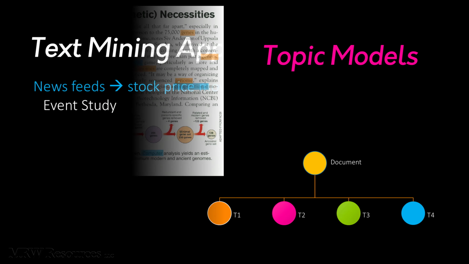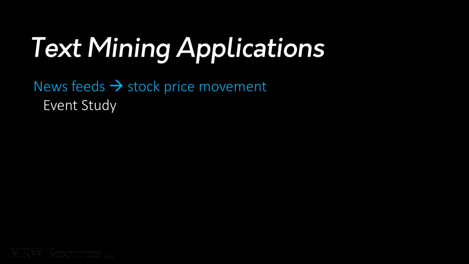So what are some applications for text mining? Well, if we look at news feeds and compare them to stock price movement, these are called event studies. And this is something that researchers have done for a long time now. As we evaluate the event study, it's important to consider, well, what time frame should we look at?